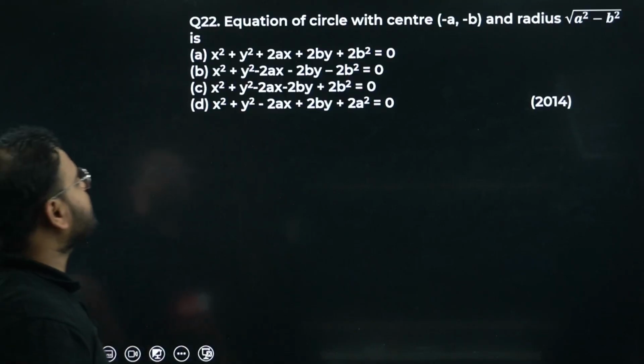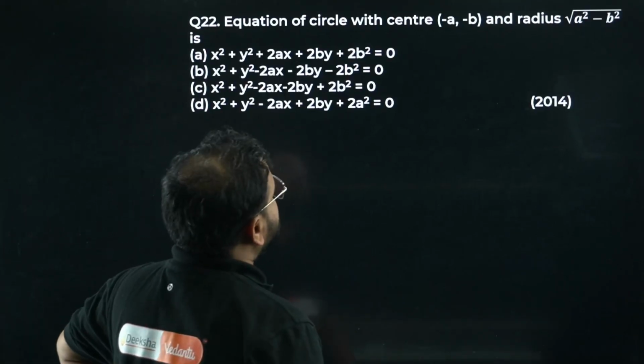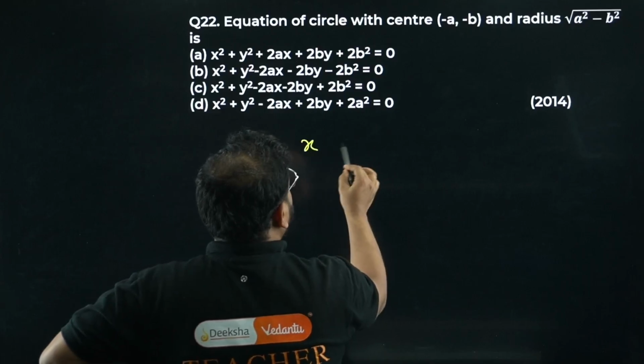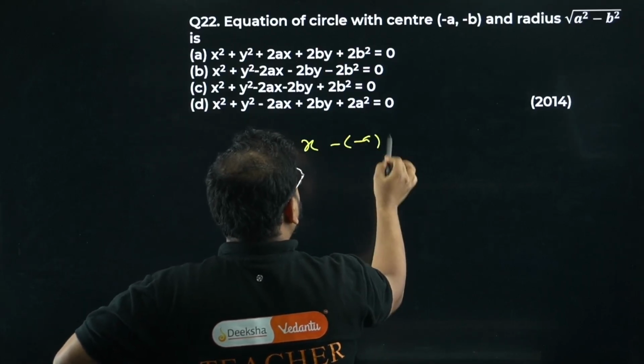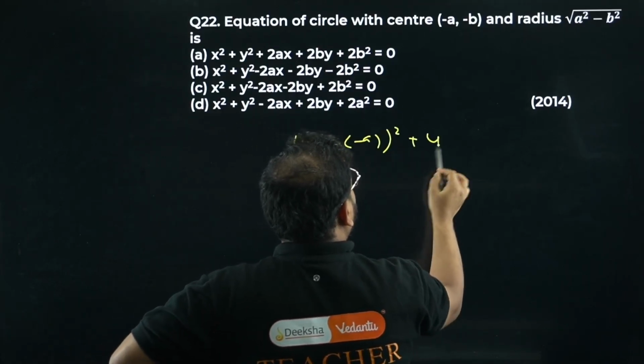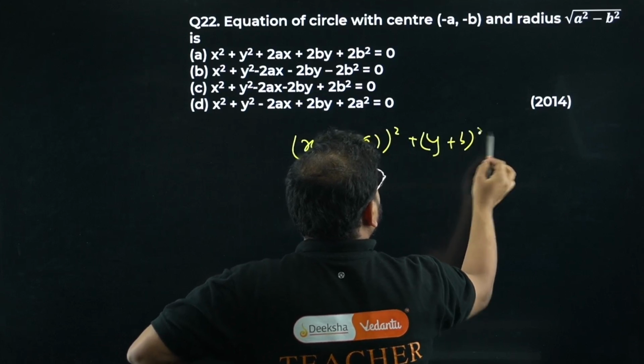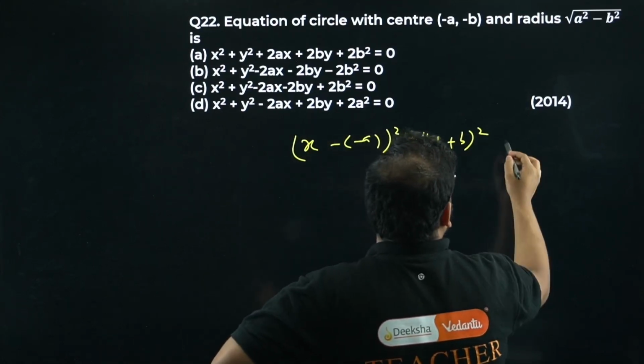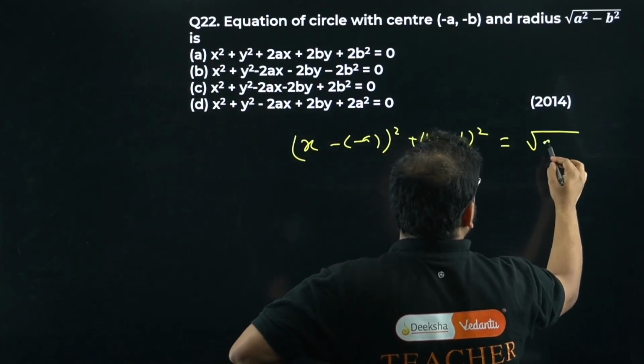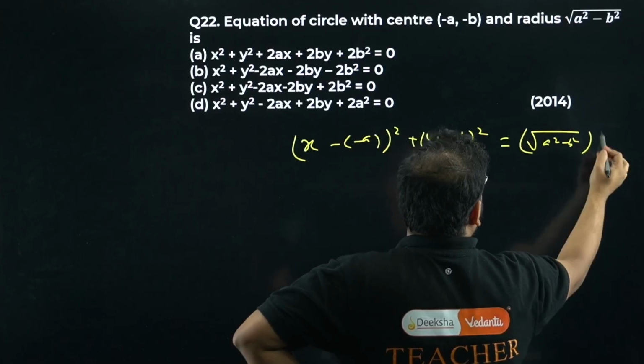Question number 22 now. What we have: equation of the circle with the center given. So x minus of minus a basically becomes x plus a. In the same way you'll have y plus b, the whole square, and you have the radius also given, right? So root of this, the whole square. What I'm getting over here, please check.